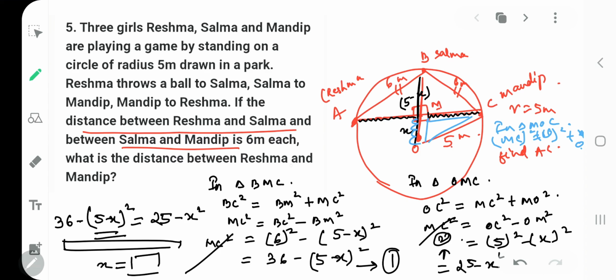And MO, the X, you have got from here. You can put in the value in this triangle and get the value of MC. Whatever value of MC you get, you have to double it up to get the value of AC. Yes? So whatever value you get of MC, double it to get the value of AC. Can you do that?